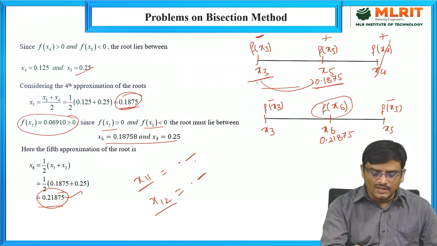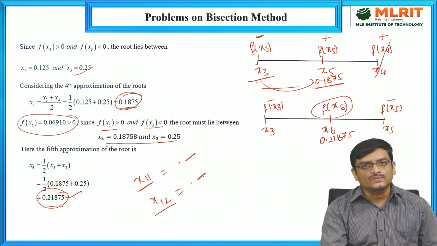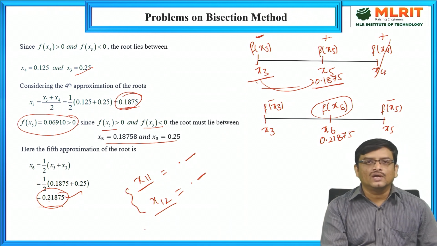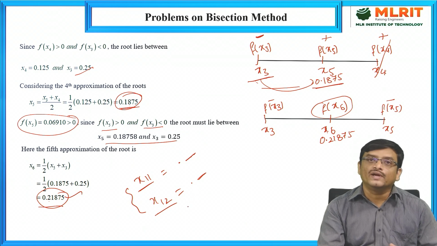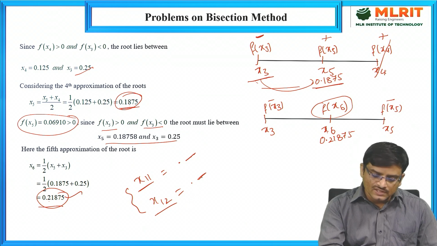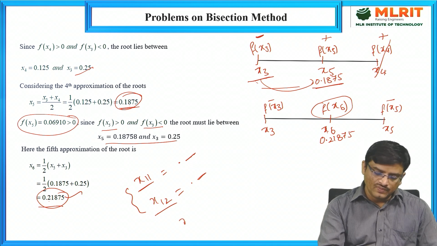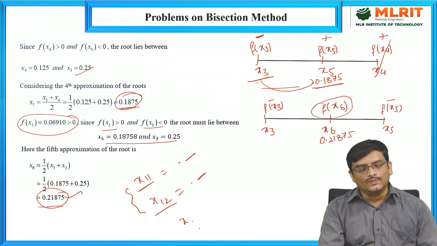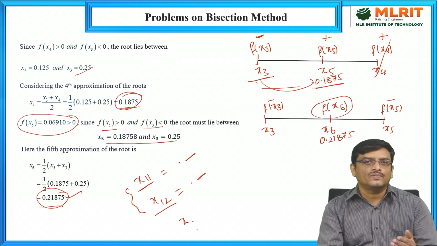If these 3 digits coincide between the present and the previous approximation, then we can stop and conclude that value as our required root. If these decimals do not coincide, then we have to continue until we get a more accurate value, that is, until the present and previous approximation values coincide.